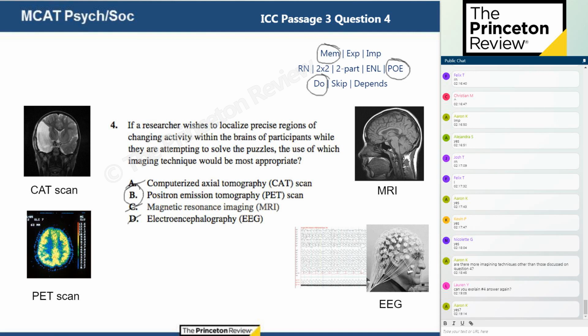PET scans and EEGs are both functional. They will tell you about changing activity. However, the question asks about precise regions of changing activity. And of the 2, PET scans and EEG, the only one that can do that is the PET scan.